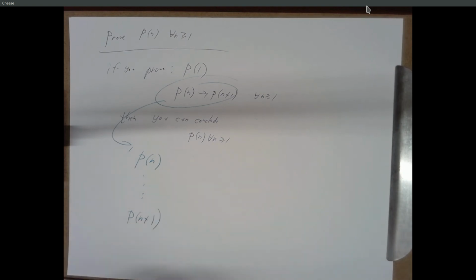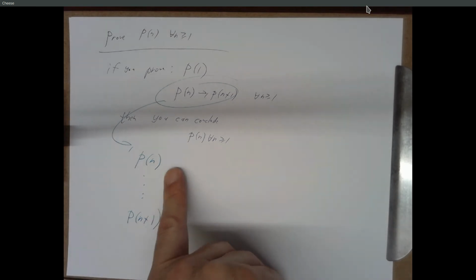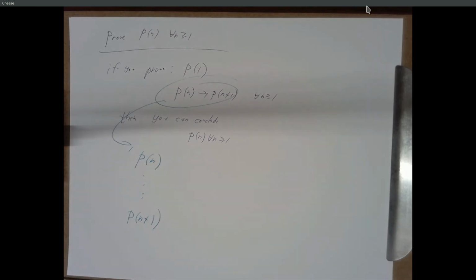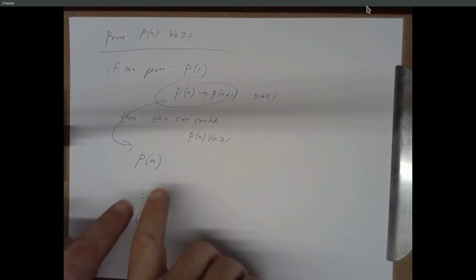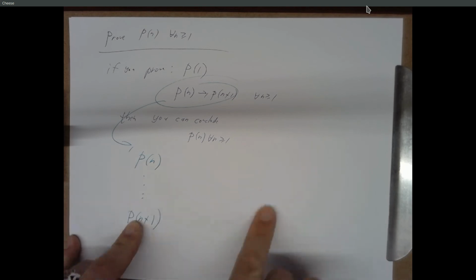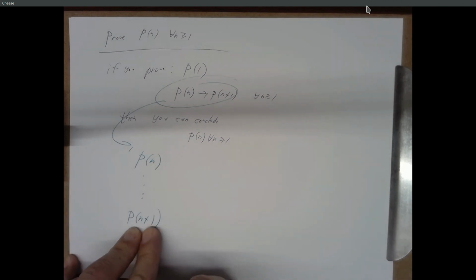So if this is a proposition about the sum of integers, you assume P of n that shows you the sum of the first n integers, add n plus 1 to both sides, and those sides will still be equal because they were equal before you added the same thing. Then take that equality and show that it leads to P of n plus 1.